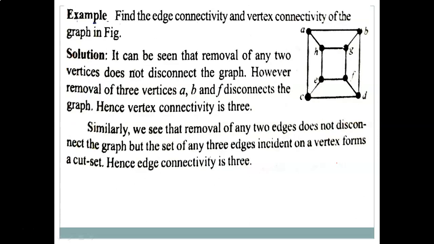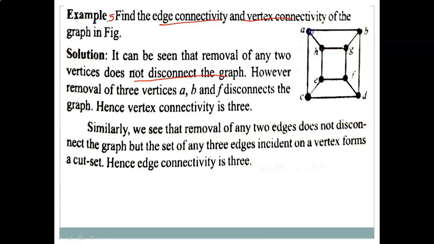Next example. This is example 5. Find the edge connectivity and the vertex connectivity of the graph given in this figure. In this figure, you can see the removal of any 2 vertices does not disconnect the graph. If you randomly select and remove this and this, then what will happen?